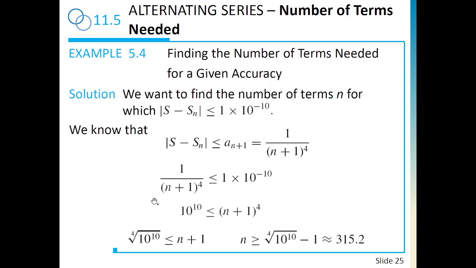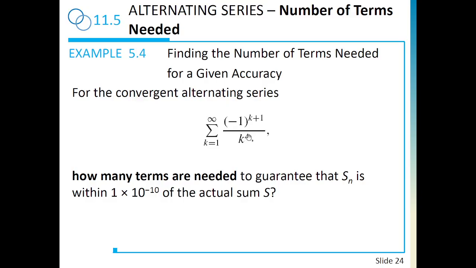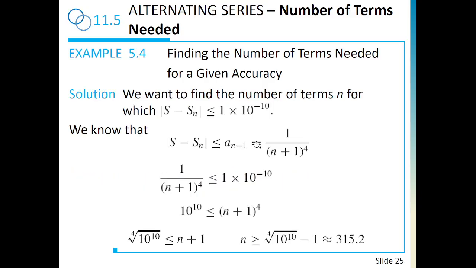So again, the formula is the error, the exact value which we don't know, minus the approximation. The error is smaller than the next neglected term. So here the term was 1 over k to power 4. So if we add the first n pieces, then the next one is n plus 1. So we plug in 1 over n plus 1 to power 4, and now we try to say this number here needs to be smaller than 10 to power minus 10, because that's the error they want.